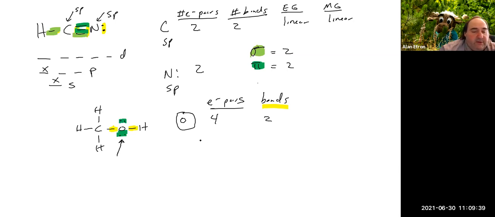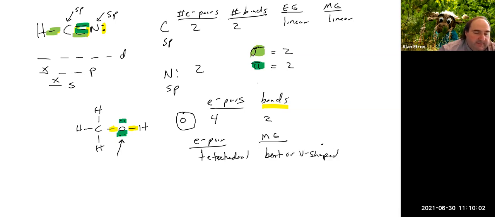So in terms of the electron pair geometry for this guy, it would be tetrahedral, as that goes with 4 electron pairs. But because of the non-bonding electrons and because there are only 2 bonds in this particular case, the molecular geometry of the oxygen would be bent or V-shaped, kind of like water.